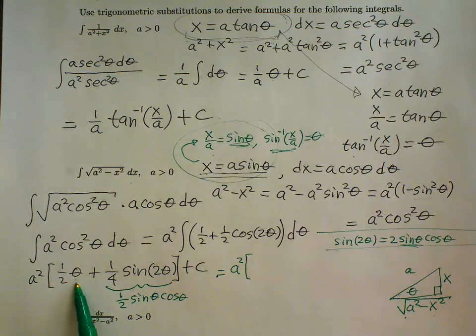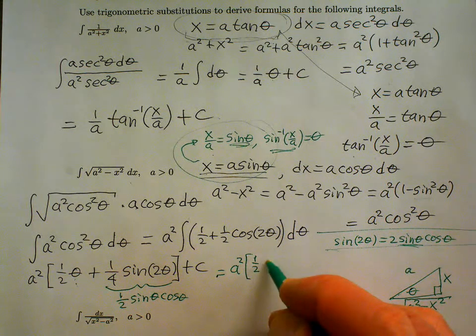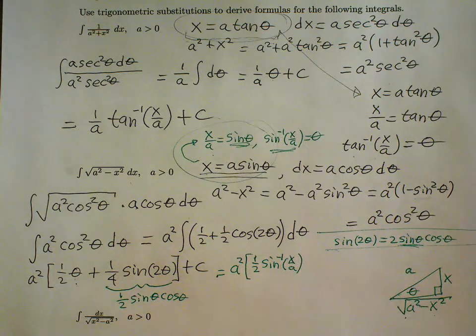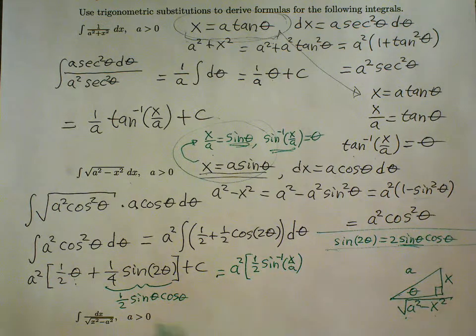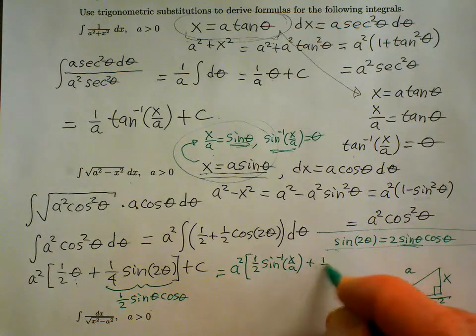So theta is the inverse sine of x over a. So this is 1/2 times the inverse sine of x over a. And then plus 1/2 times sine of theta times cosine of theta. So plus 1/2.